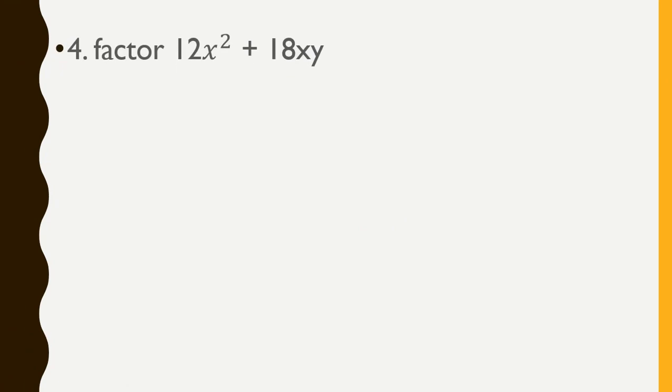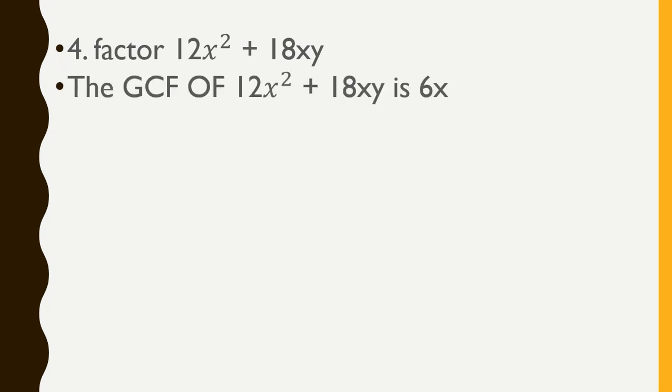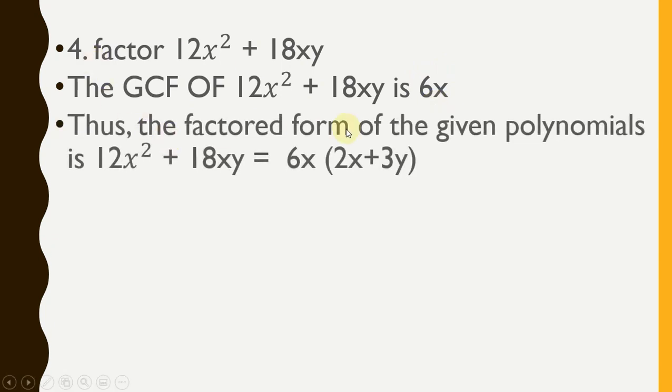Number 4. Factor 12x squared plus 18xy. The greatest common factor of 12x squared plus 18xy is 6x. Since the GCF is 6x, we can now divide it into the given.